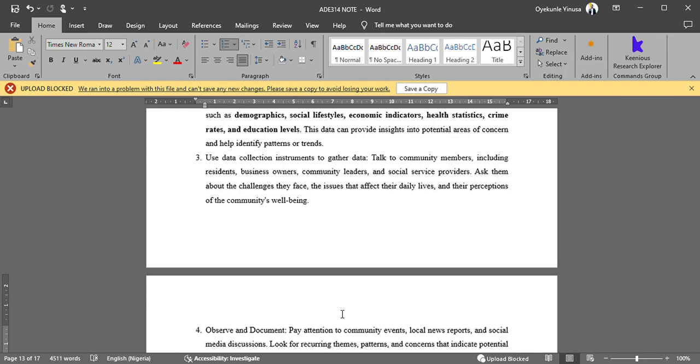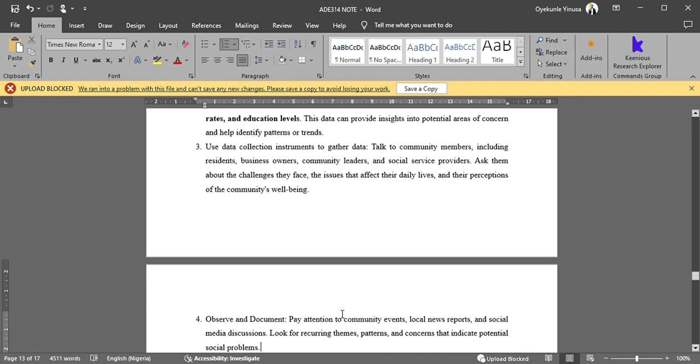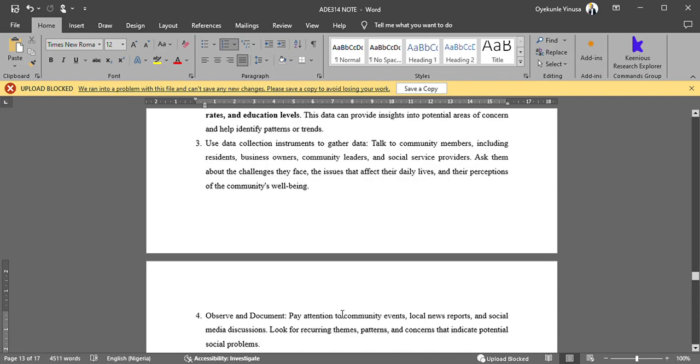So once you are able to meet with the gatekeepers, you must be able to gather facts and statistics about the community you are heading to. Once you're able to do that, you meet with community members to gather information using different collection instruments. Another thing is to observe and document. Go into that community.